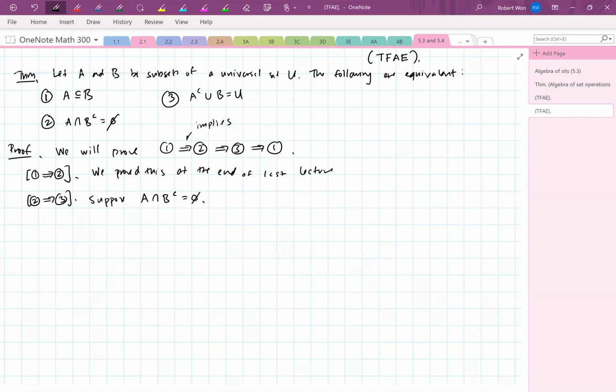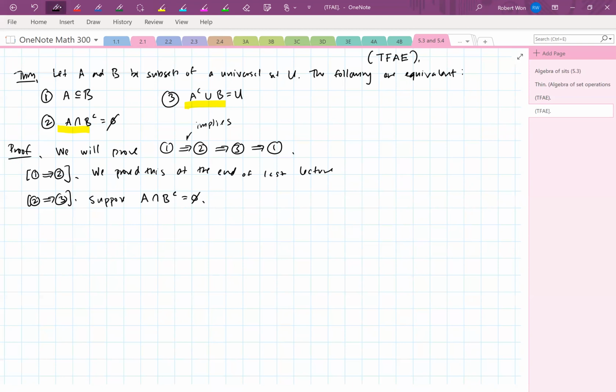Now, I'm trying to understand A complement union B. Okay, but as I'm looking at this, one thing I'll notice is that the difference between 2 and 3, the difference between this and this seems to be like I put a complement on A and I took off a complement on B, and then I switched the intersect sign with a union sign, which to me suggests that maybe De Morgan's laws will be helpful here.